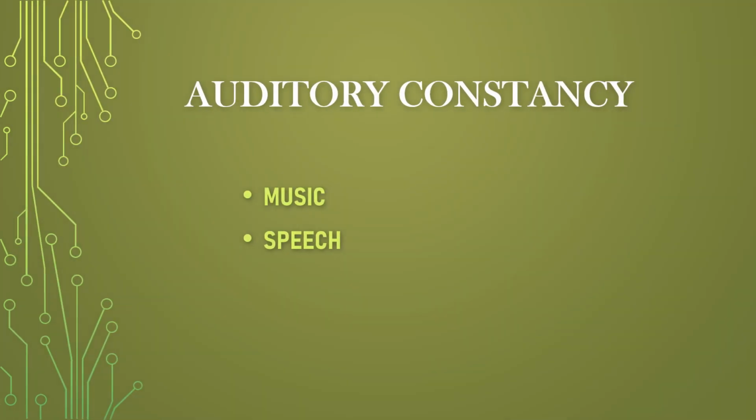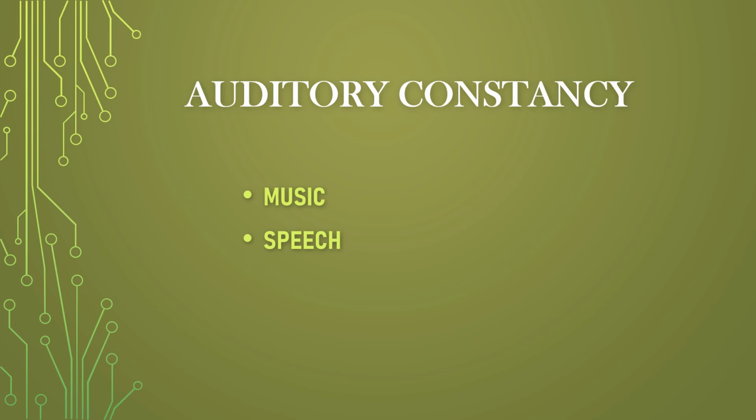Auditory constancy. We have seen the visual constancies like size, shape and color constancy. Now we will see the auditory constancy. Two different types of auditory constancies are there, and they are music and speech. In music, we will have a correct identification of the musical instrument. For example, consider a violin sound.